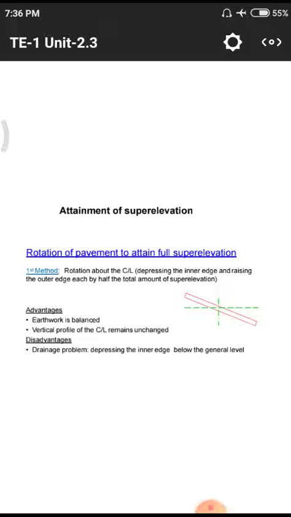Here we consider the thickness of the pavement as one point. After those two points merge at a particular center, we have some amount of central axis.